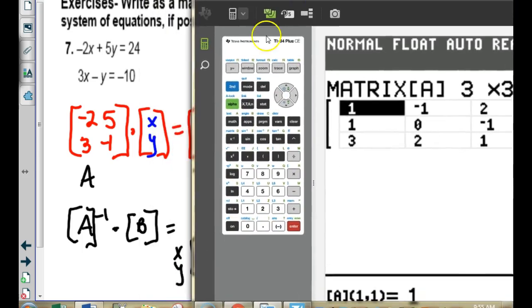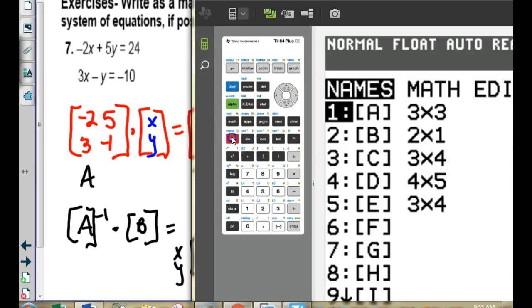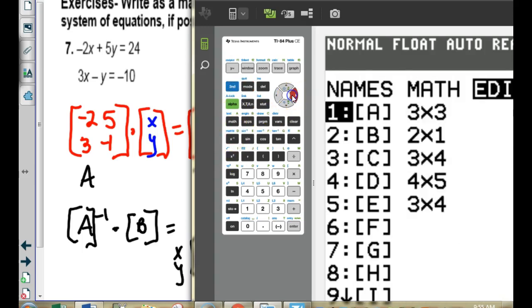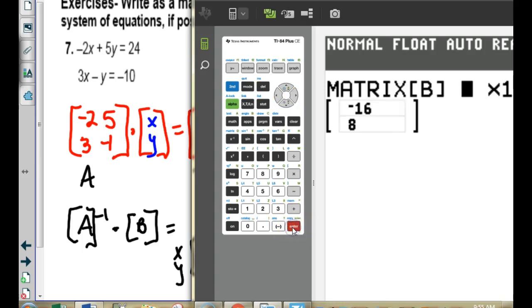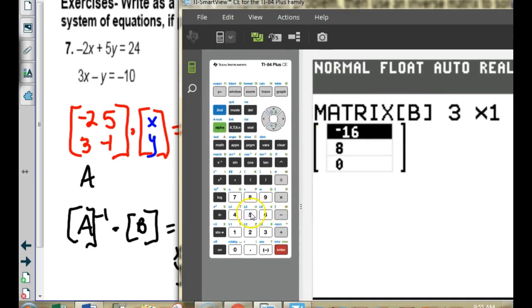Okay, I'm going to pretend I'm confident that I have that in right. And if I'm doing this one, what size is B, guys? 3 by 1. 5. Negative 4 and 0. Did I get it right? Okay.